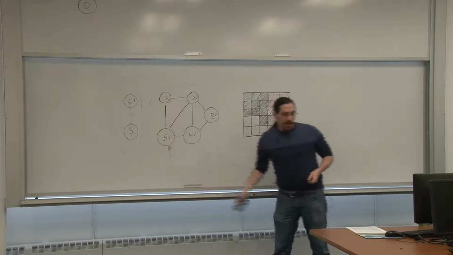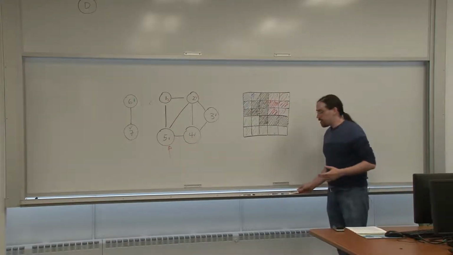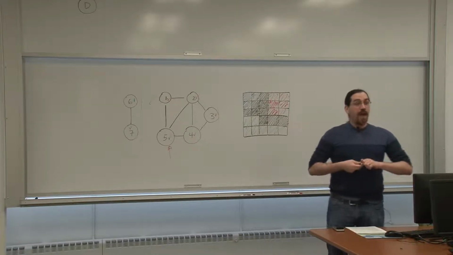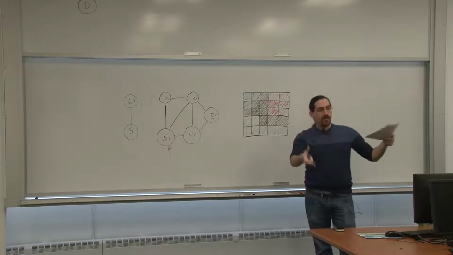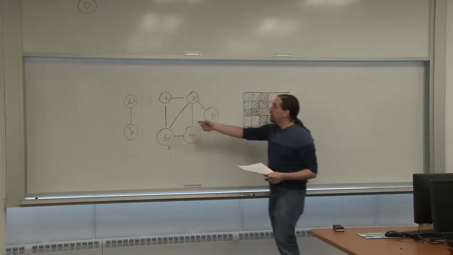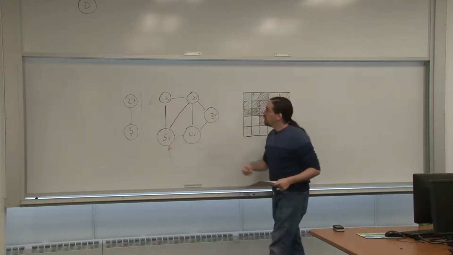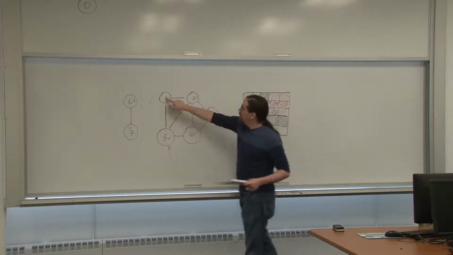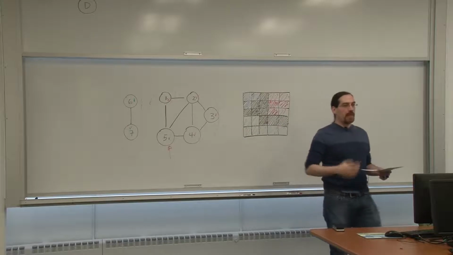OK. So those are more basic stuff. The other basic thing that I mentioned last week is the shortest path on an unweighted graph. If we have an unweighted graph and we want to know what's the shortest path from 1 to 4, we could go through 1, 2, 3, and 4. We could go 1, 2, 5, and 4. There are a bunch of different paths. Which one is shortest?